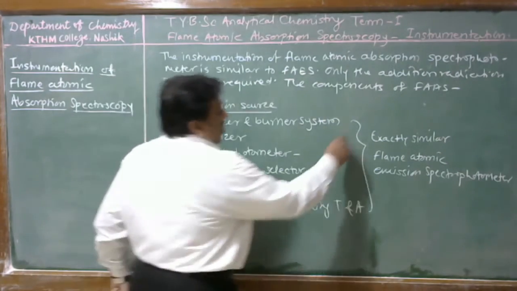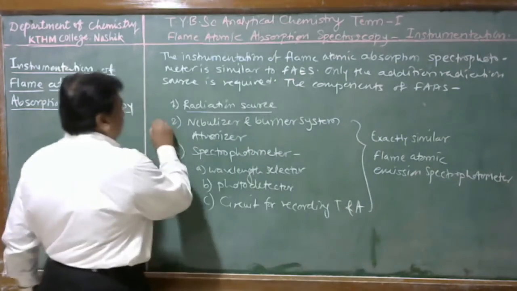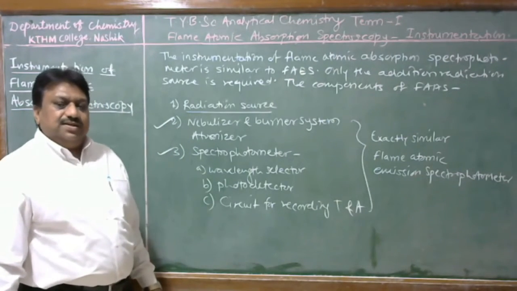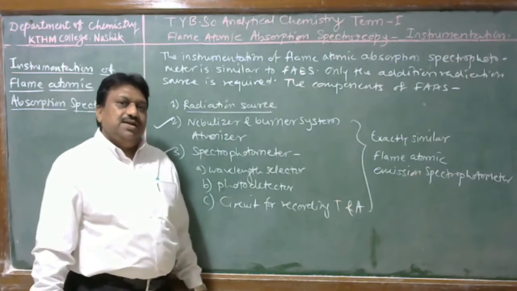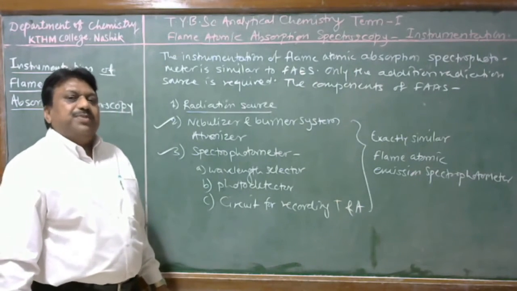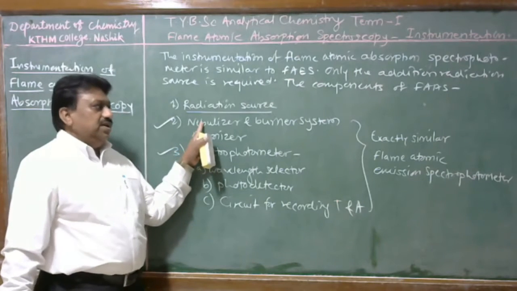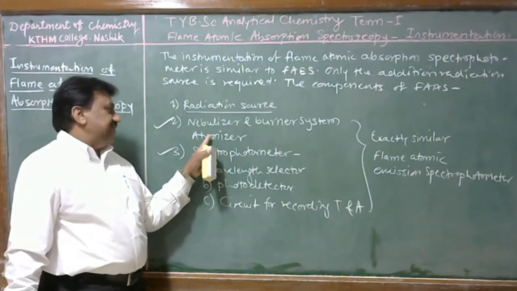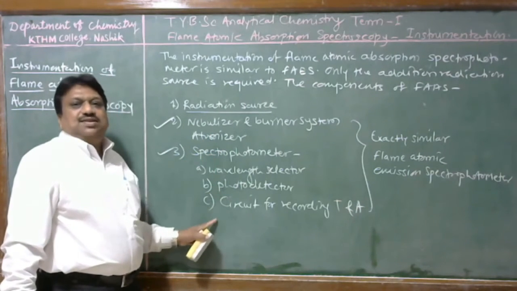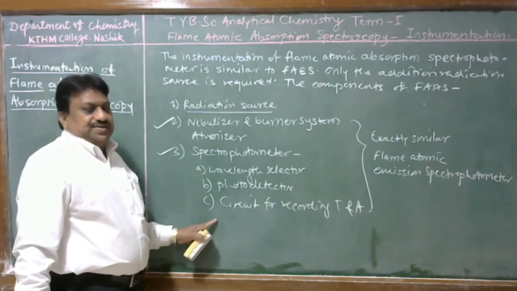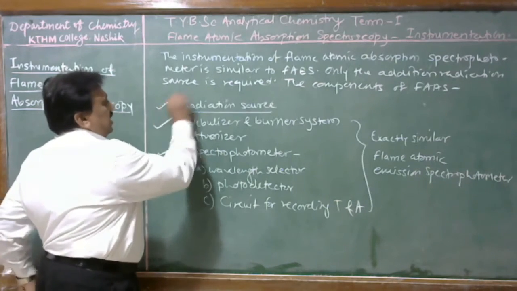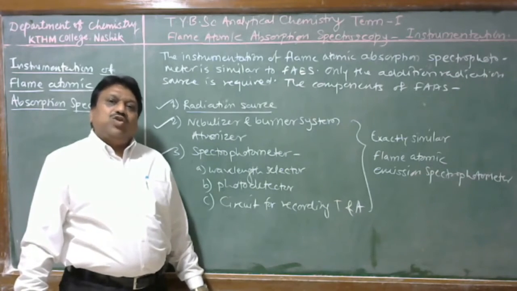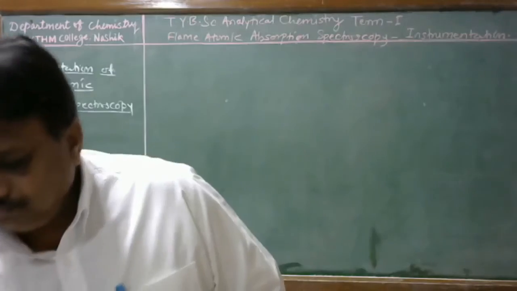Therefore, the nebulizer burner system, that is the integral atomizer, and the laminar flow burner or premix atomizer, that are the nebulizing systems used in FES, are exactly the same in AES. Similarly, all other components are similar to FES. Therefore, here we have to discuss only the radiation source required in atomic absorption spectrophotometry.